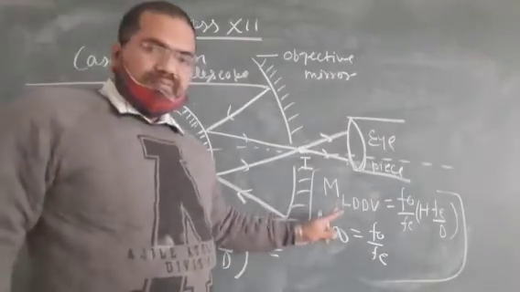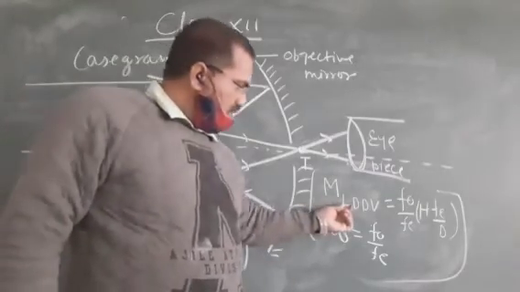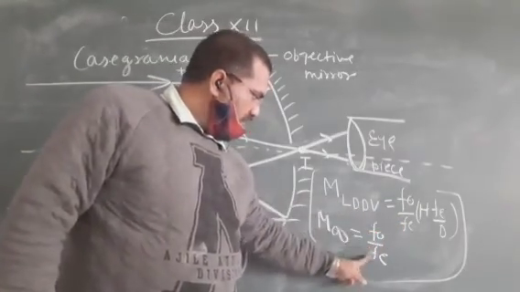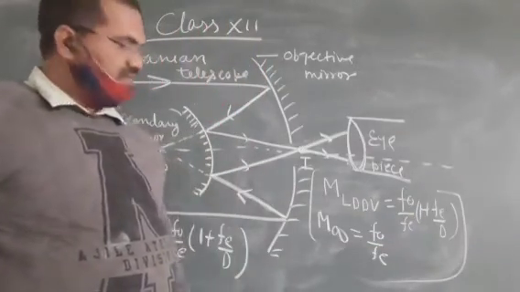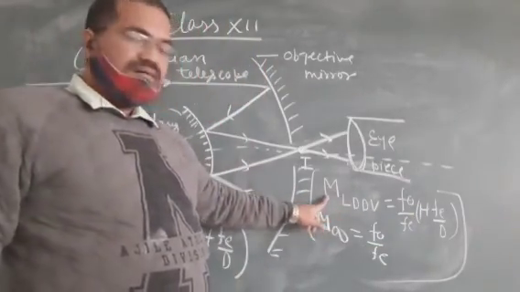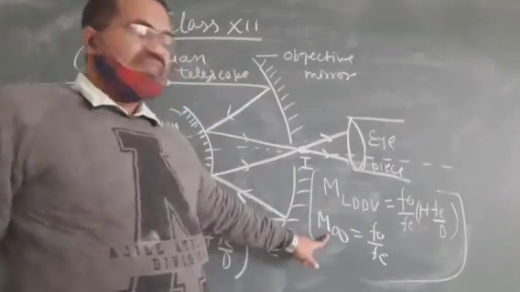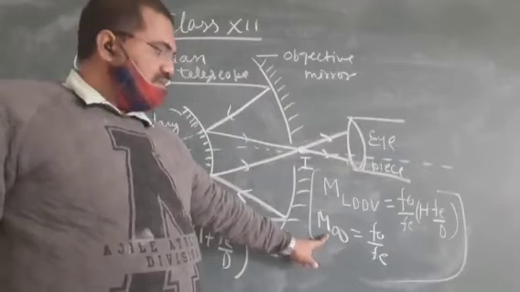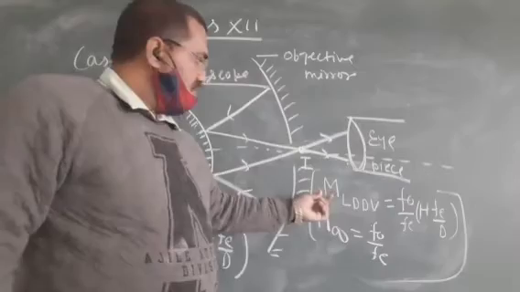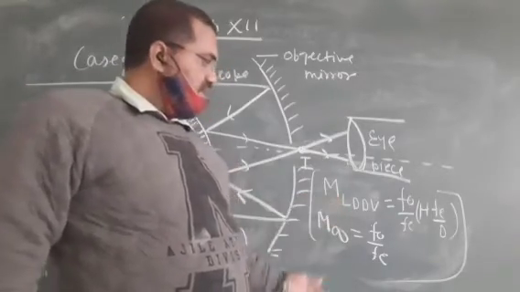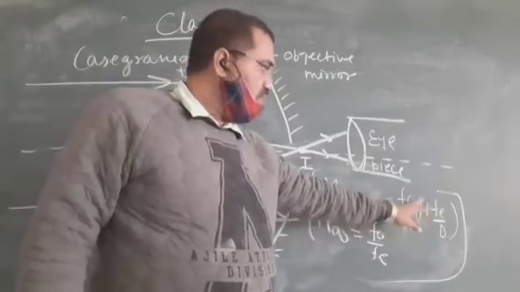So range of Cassegrain telescope is from f0 by fe to f0 by fe (1 + fe by d). This is the range. This is the magnifying power at least distance of distinct vision, and this is the magnifying power at infinity. So this is the relaxed eye case, and this is the strained eye case.